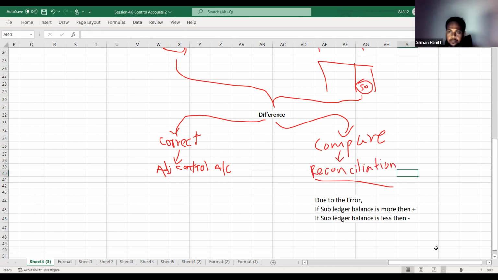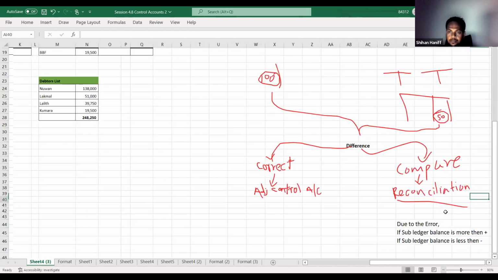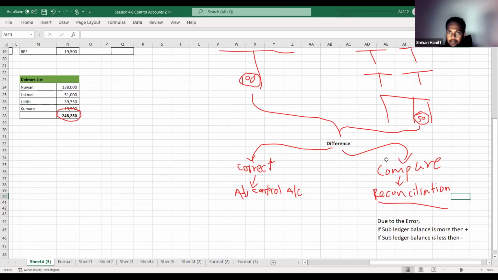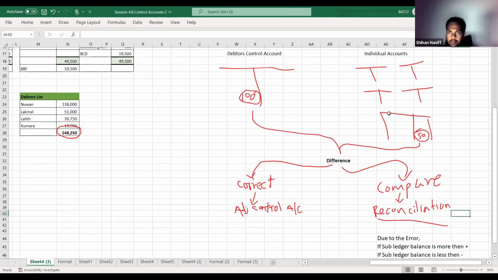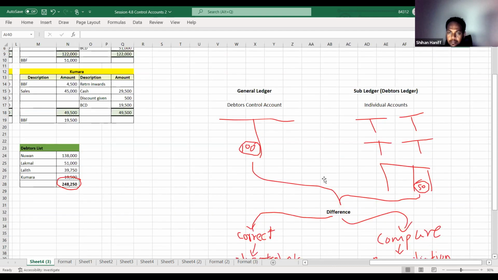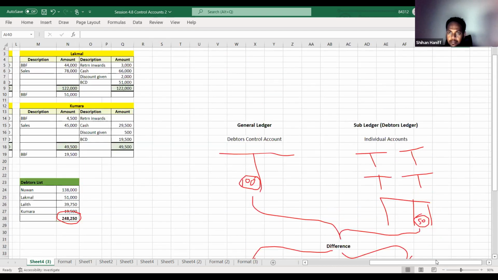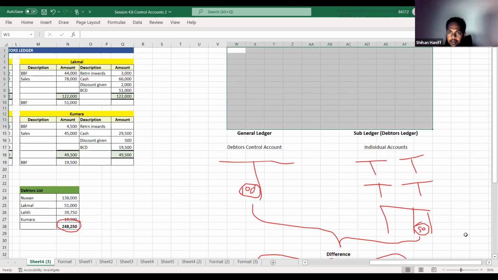So this is a summary. Copy this summary.